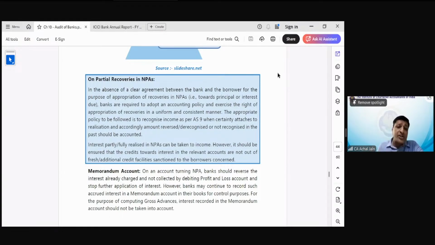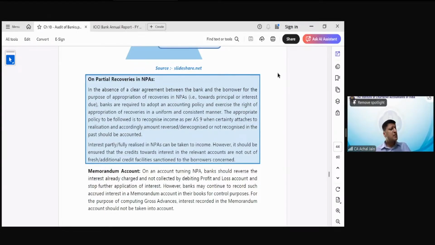Interest which is partially or fully realized will obviously be taken to income, but only the portion which has been realized. Any other credit should not be considered.